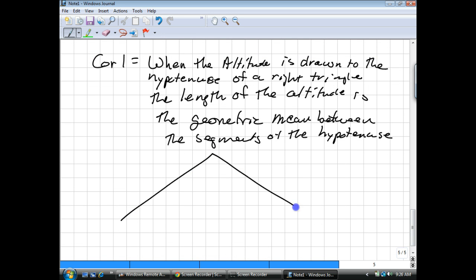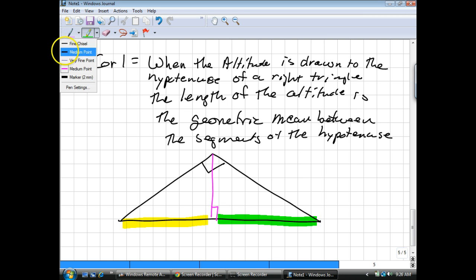So we have the right triangle, and we drop the altitude. And so notice that the altitude divides the hypotenuse up into two pieces. There's that piece and there's this piece. Okay, so we'll call those X, we'll call this Y, and this Z. And we'll call this W. Okay, so what it's saying is that the length of XY is to the altitude.